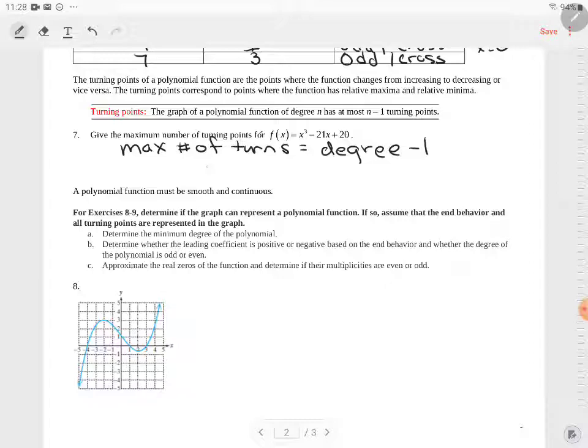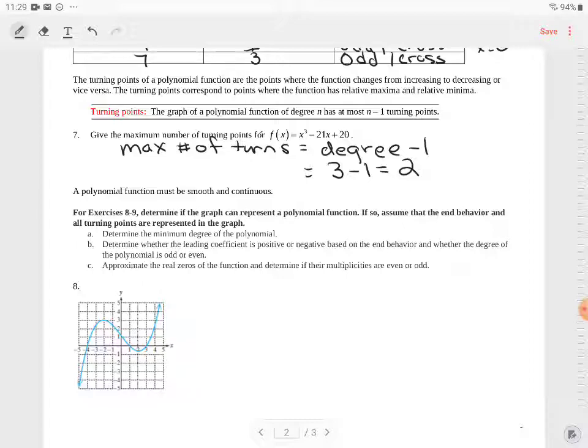So in this case, notice it's already added and subtracted, so the polynomial is written out. The largest exponent there is 3. So we're going to do 3 minus 1, which is 2. So the most times it can turn, that means the maximum number of minimums and maximums is 2.